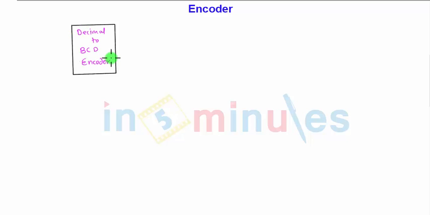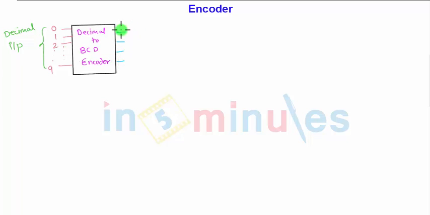So what we have here is a decimal to BCD encoder, to which the input is decimal, that is nothing but the numbers 0, 1, 2 all the way to 9. This decimal input is encoded in this black box, whatever circuitry or combinational logic we implement, due to which the decimal inputs 0 to 9 will be converted into BCD code, and we all know that BCD code consists of 4 bits.